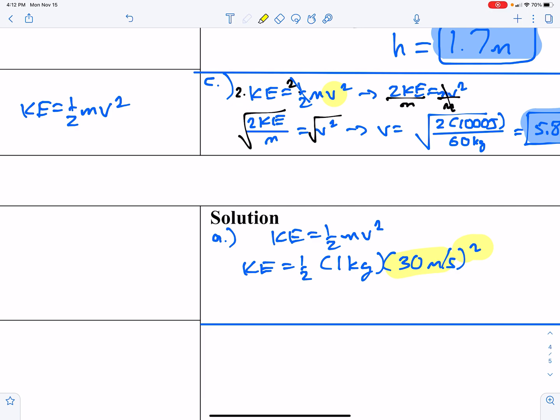Now 30 squared, then multiply that times 1, then take 1/2. I'll give you a second to try and practice that yourself. You should have gotten 450 joules of kinetic energy.